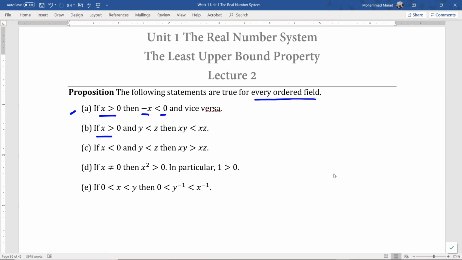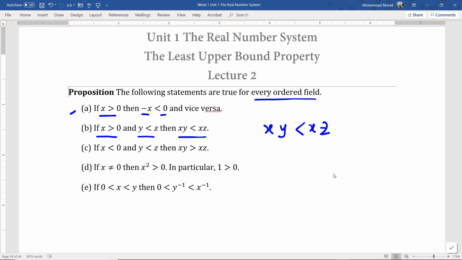B. If x is positive and y is smaller than z, then xy must also be smaller than xz. So this can be remembered this way: if y is smaller than z and x is any positive field element, then we can multiply both sides by x.